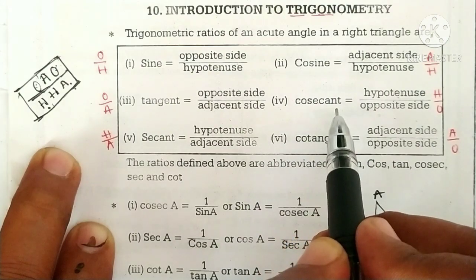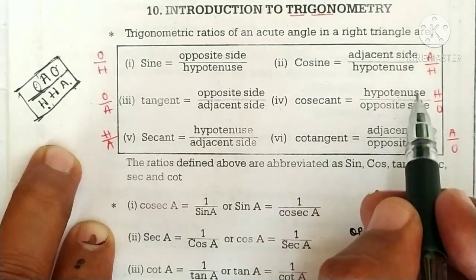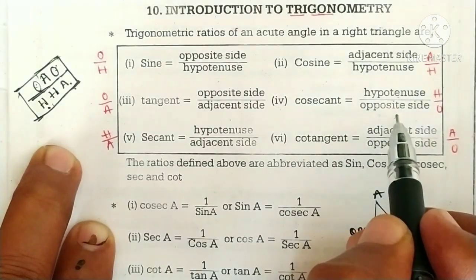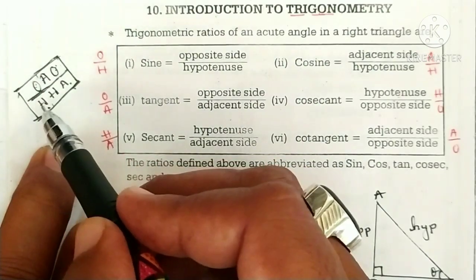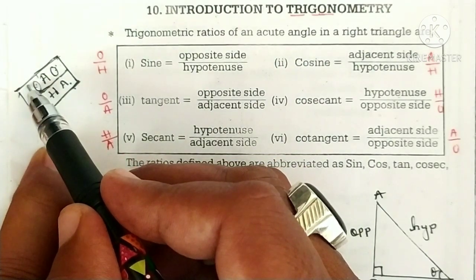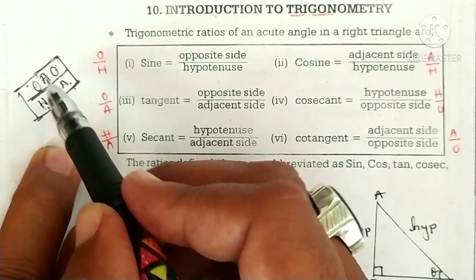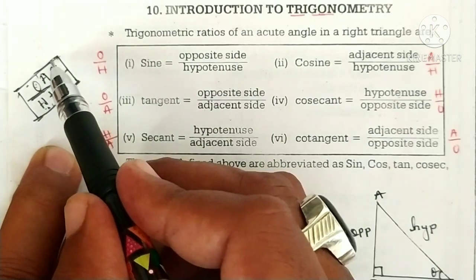Then cosecant, or we can say cosec, is hypotenuse by opposite side. Now you have to go reverse. Sec is hypotenuse by adjacent. Then cot is adjacent side by opposite.